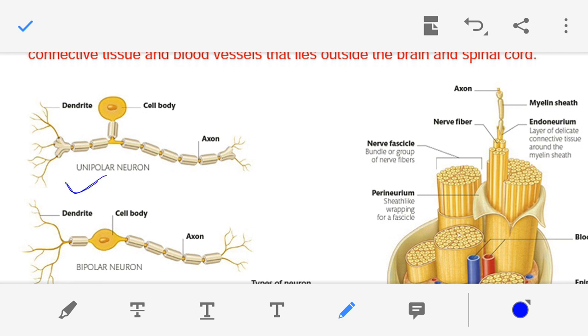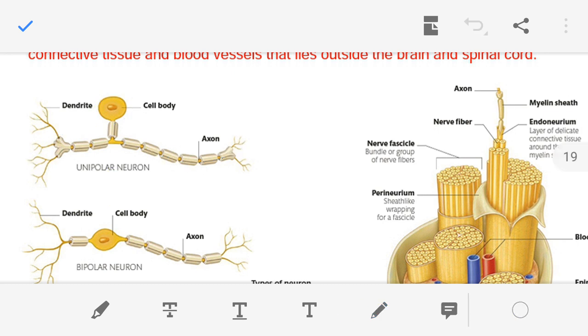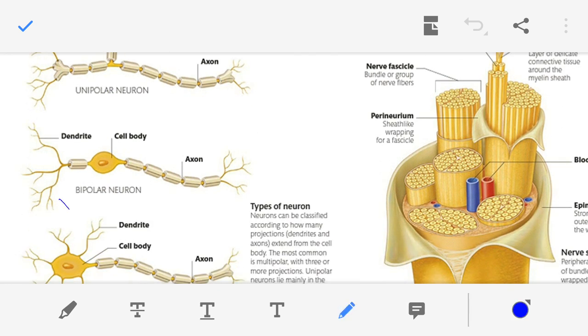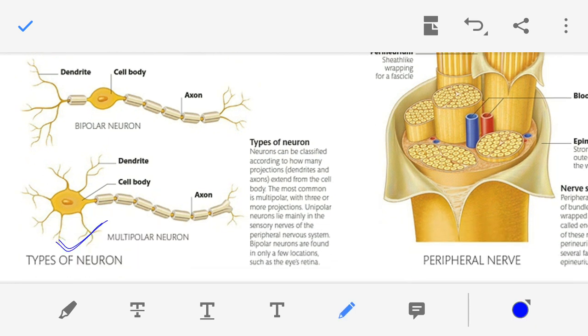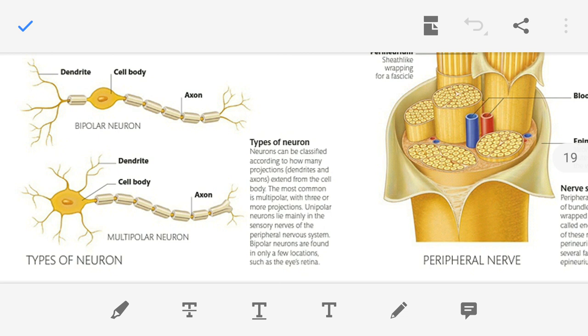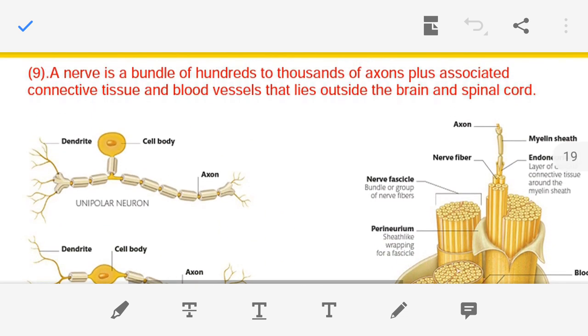For example, here the unipolar neuron, the nerve cell is shown, and this is the axon and the dendrite. This one is the cell body. This is the unipolar, then the bipolar neuron, and the third one is the multipolar neuron, and this one is the axon, and these are the dendrites, and in the center there is the cell body. So these are the parts or components of the neuron, of various kinds of neuron, mainly 3 kinds.